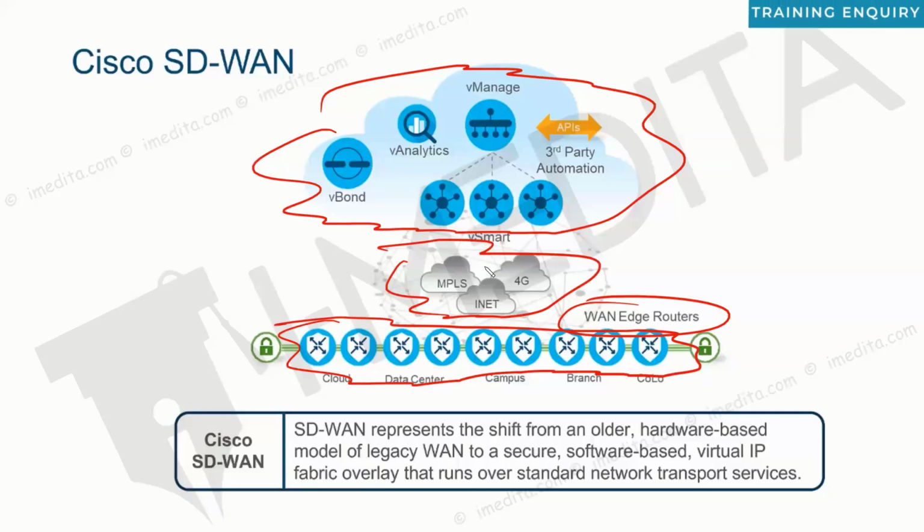So you can still use your existing transport. You can use Metro Ethernet, layer 3 MPLS, or just broadband connectivity. It's up to you. But just keep in mind that SD-WAN is a transport independent technology.